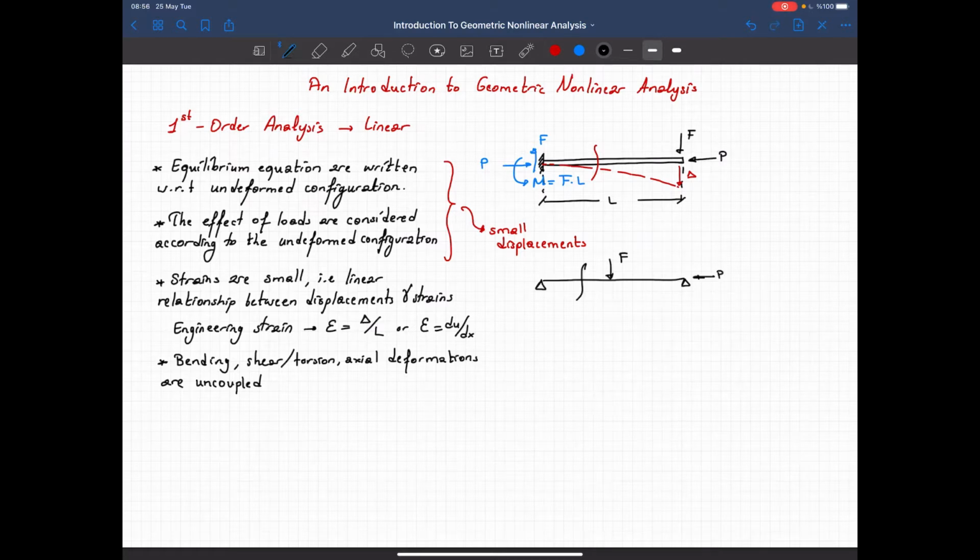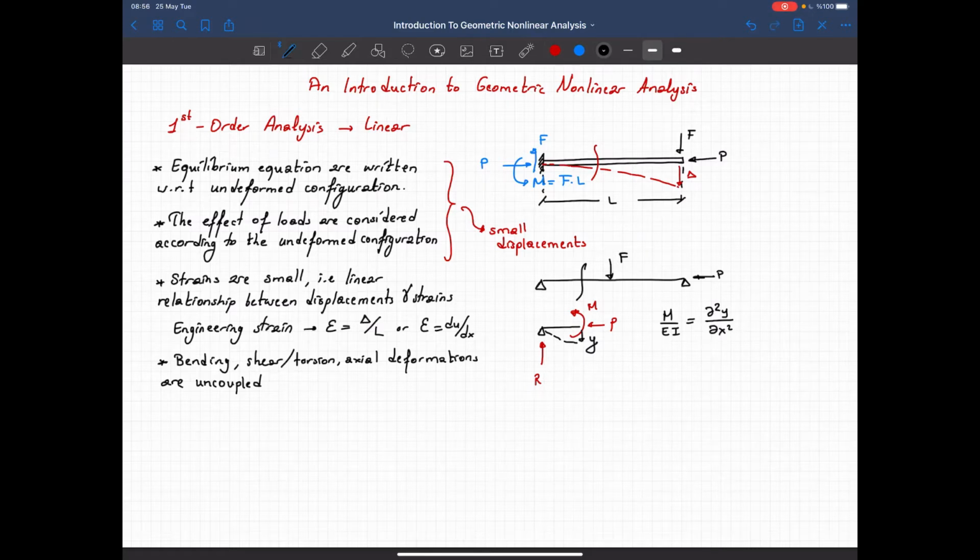We take a section cut, and then we write our equilibrium equations again by considering the undeformed configuration. We have a reaction force, we have P and the moment, and the moment equation is M over EI will be our curvature, which is ∂²y/∂x², y being the transverse displacement.